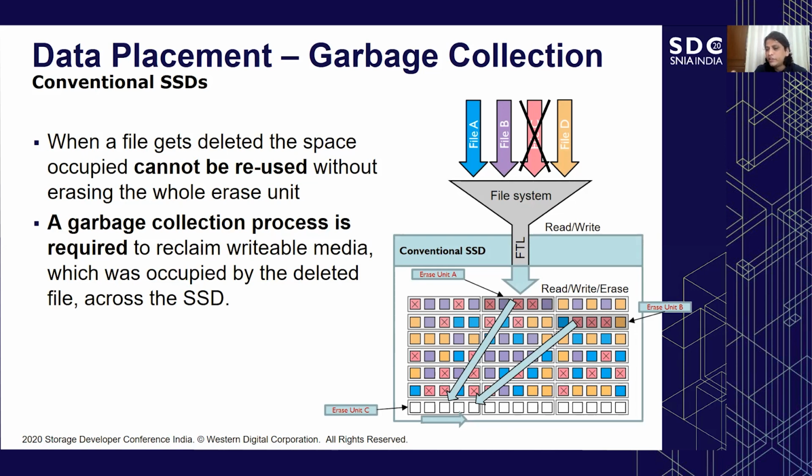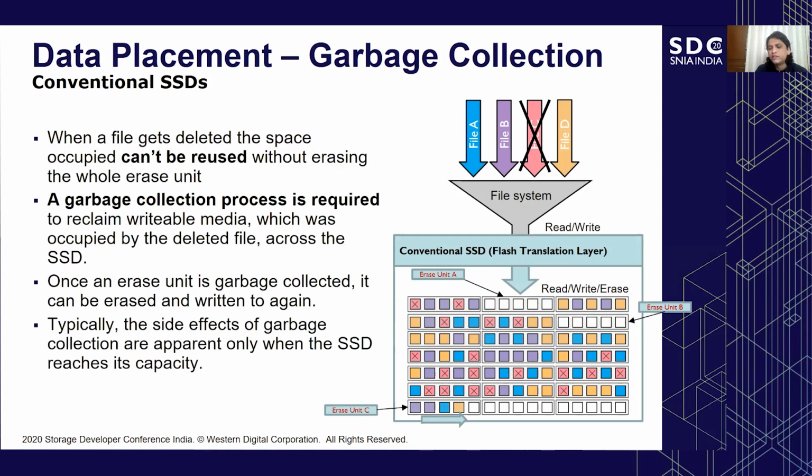And to do an erase cycle, we need to copy the valid data blocks within those erase units into a new erase unit. So we copy these purple ones, file B and file D and file A chunks, into erase unit C. And then once that copy is done, we can do an erase on erase unit A and erase unit B.